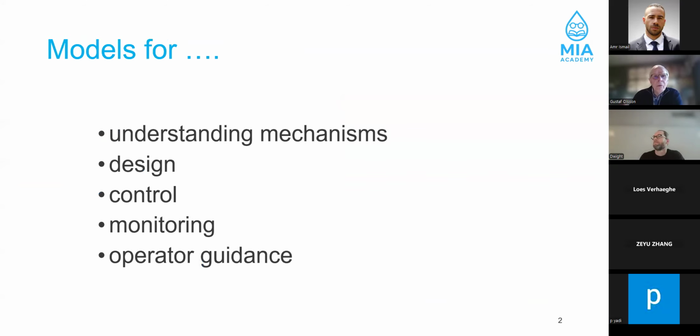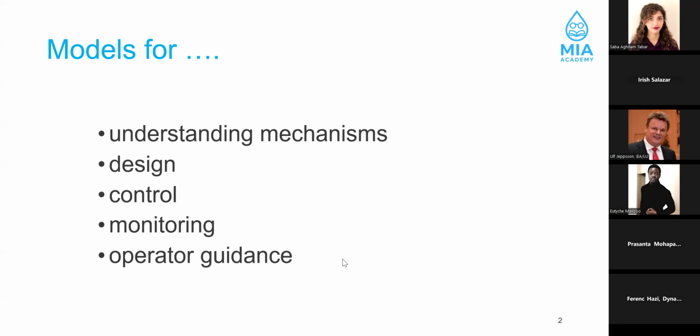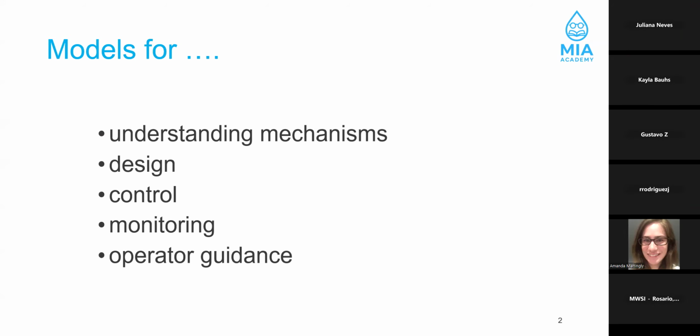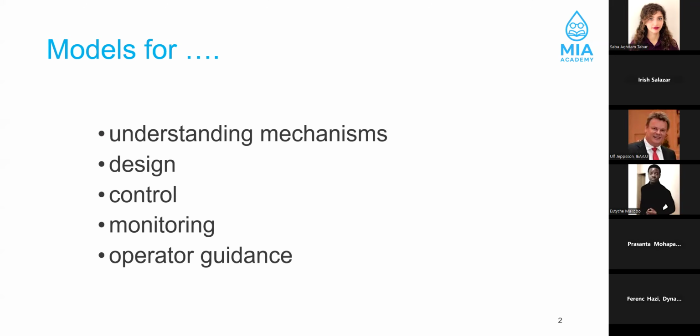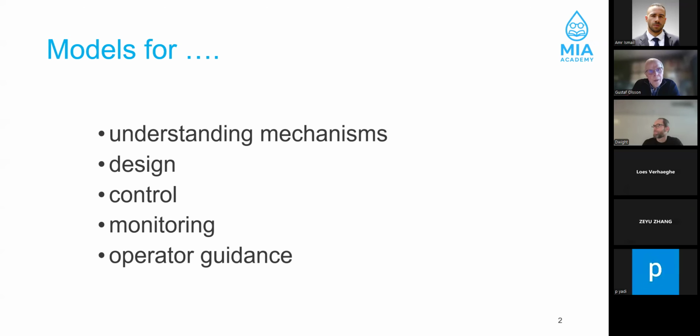We have models for different purposes, and different people are interested in various aspects of a model. We would like to understand mechanisms, not everybody. We can use models for design, and that means we don't have a real plant to verify the model with. We have to have a model without a real plant.